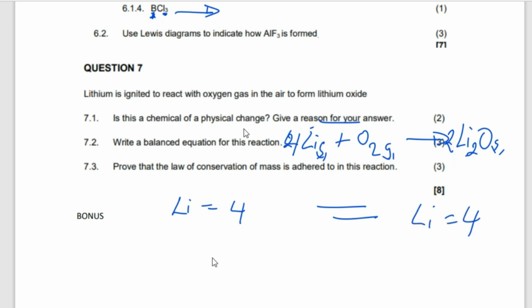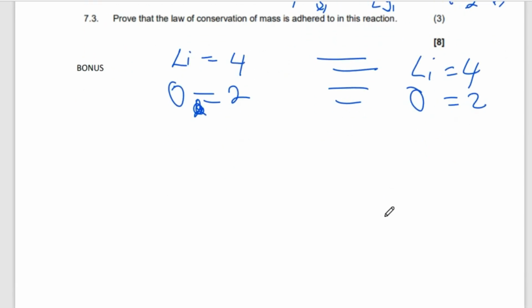And then oxygen here is 2, and here oxygen is this times this, so oxygen on this side is also 2, meaning that matter is neither created nor destroyed, but can be changed from one form to another. That's the law of conservation of matter or mass.